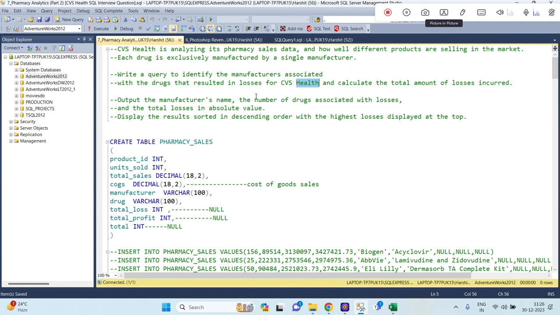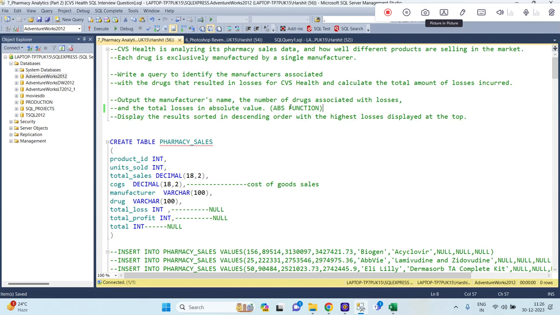Output the manufacturer's name, the number of drugs associated with the losses, and total losses in absolute value. So here we have to use the ABS function, right? Then display the results sorted in descending order with the highest losses displayed at the top.